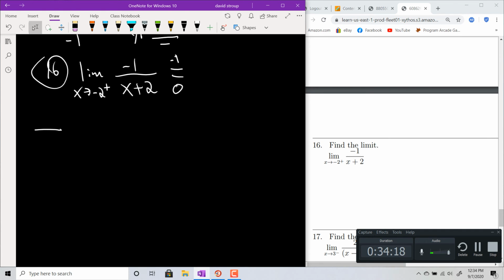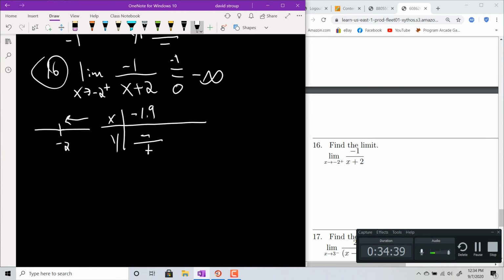It's either going to be positive or negative infinity. Here's -2, and this time I'm coming in from the right. So I have my x and y axes. I'm thinking numbers like -1.9 in that direction. So I'll have a negative all over -1.9 plus 2, which is positive. So negative over positive is negative, and this will be negative infinity.